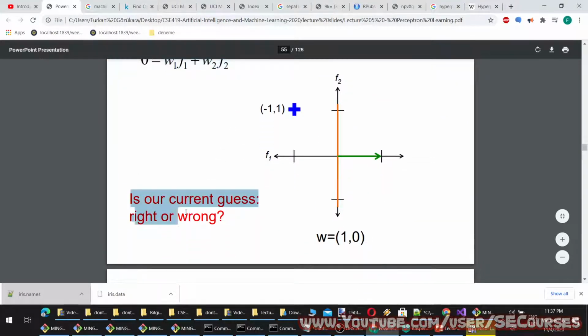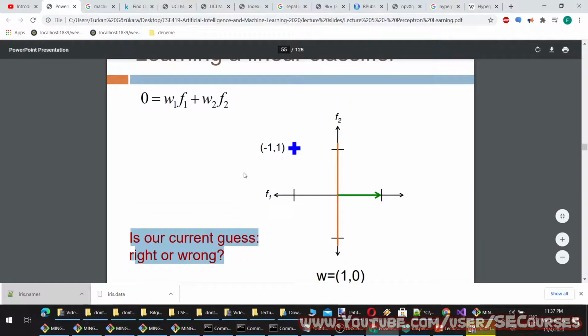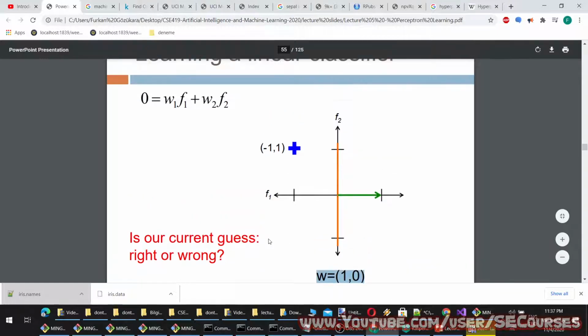Is our current guess right or wrong? Let's check whether it is correct or not. 1 multiplied by minus 1 is minus 1, so this side is minus 1. 0 multiplied by 1 is 0, so this is actually minus. However, this instance is supposed to be positive, so our current weights are incorrect.